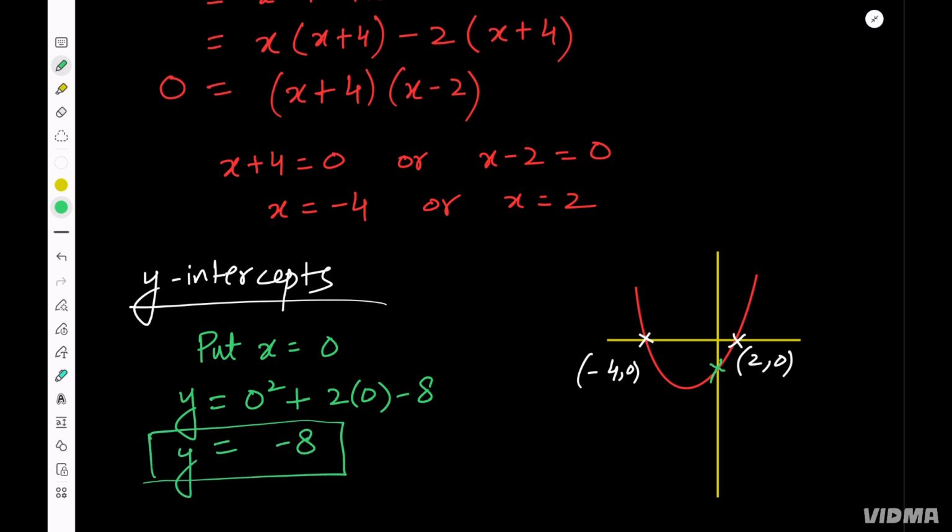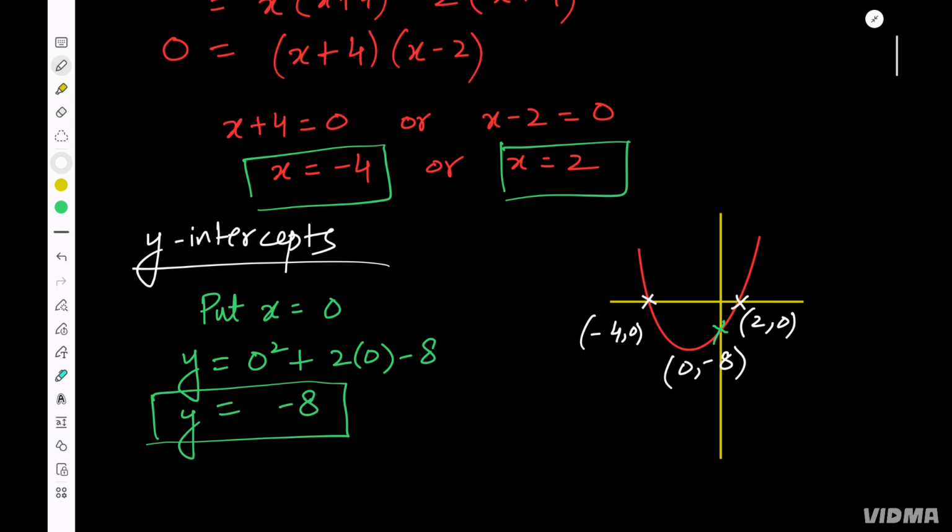This is our y-intercept, and the previous two were our x-intercepts. You can see that our y-intercept is below the origin, so it must be a negative y coordinate. I can write the coordinates here: (0, minus 8).